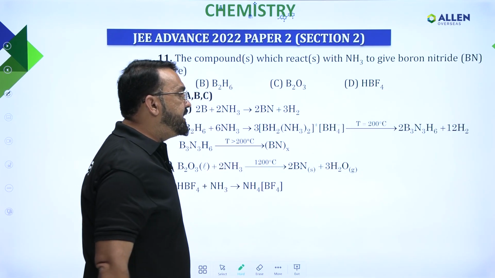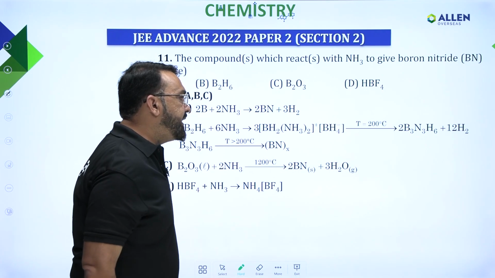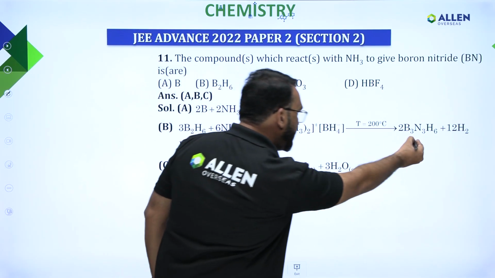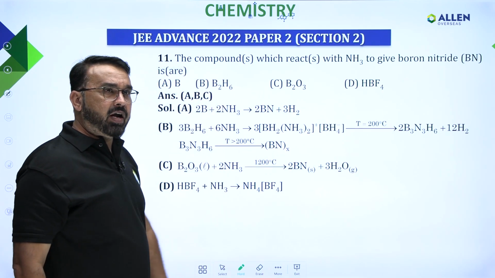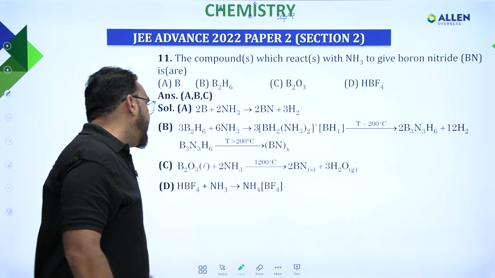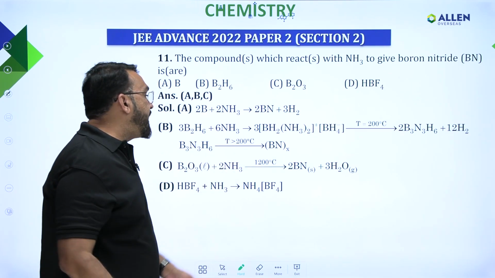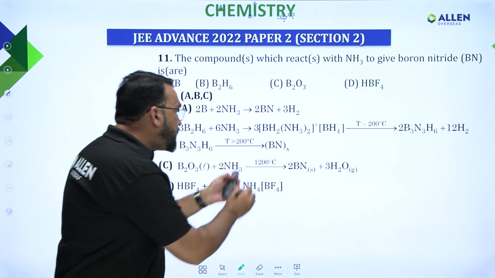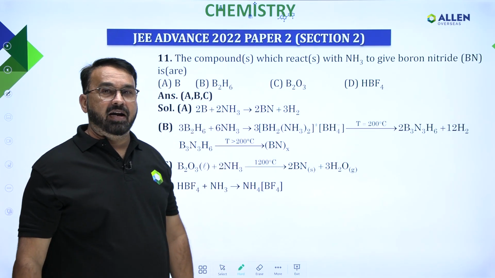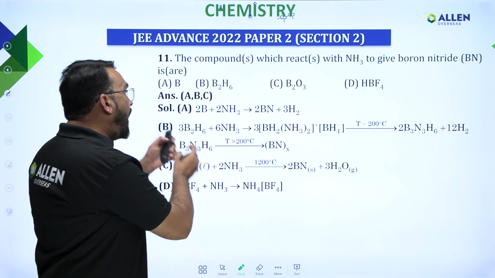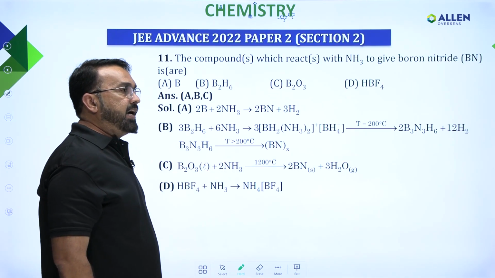When this complex is heated at 200 degrees centigrade, it will get converted to 2 molecules of B3N3H6 plus 12H2. Then that compound on heating at a temperature greater than 200 degrees centigrade will get converted to boron nitride, where you'll get X molecules of boron nitride. So we can see that option B also converts ammonia to boron nitride.